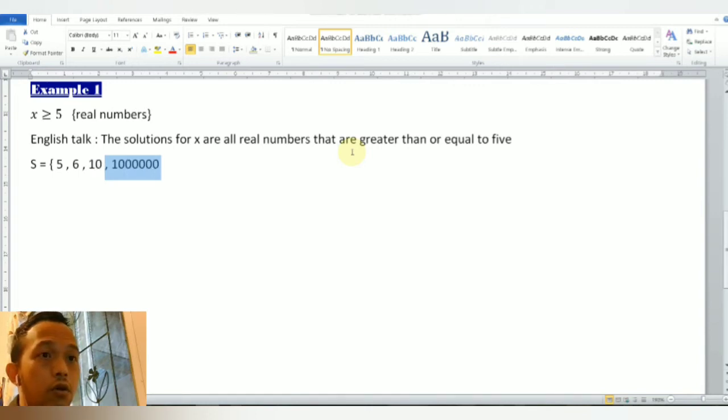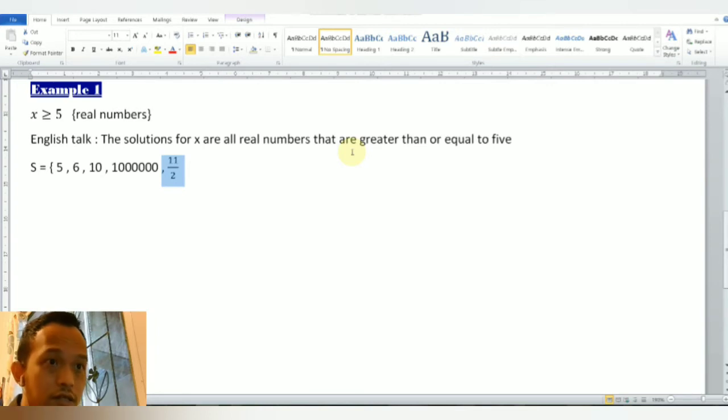And then how about a million? Yeah, a million is a real number and it's greater than 5. 11 over 2. Yes, another number, which is a fraction, but it is greater than 5. So don't forget that we are not just including integers. Okay, how about this one?